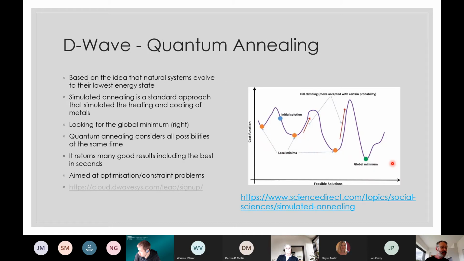There are two main computers at the moment that you can sort of get access to. There's one from D-Wave, and that uses quantum annealing to solve the problems. And simulated annealing has been used for many years for solving optimization problems. So something like timetabling in university is an optimization problem with constraints.